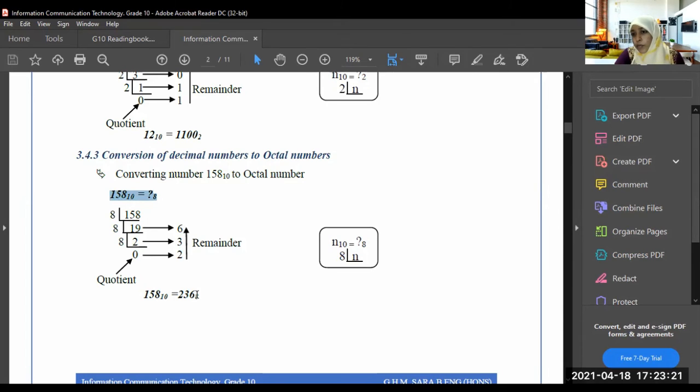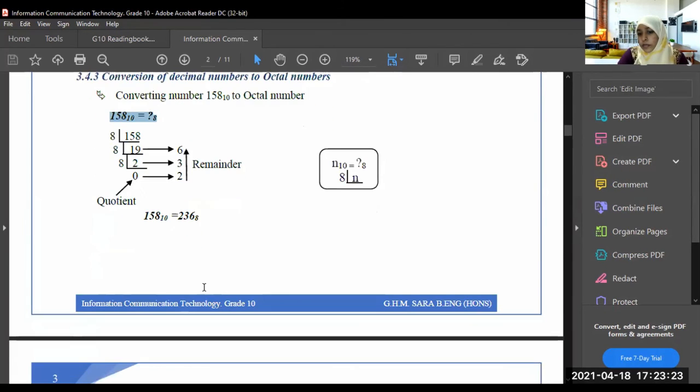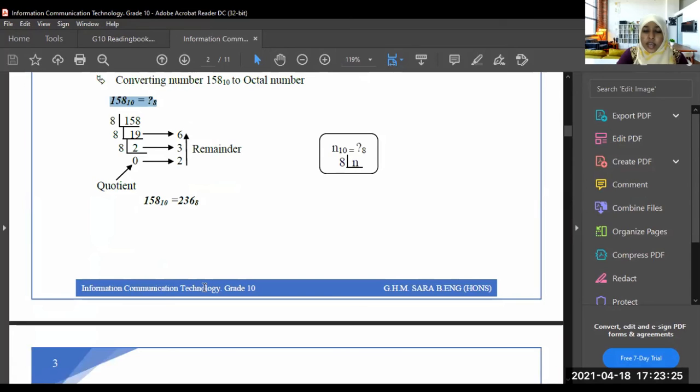Got it? Everybody understood? Because you should do the homework. This part, the second chapter, everybody should do the practicals. Without doing practicals, you can't do these mathematical operations.